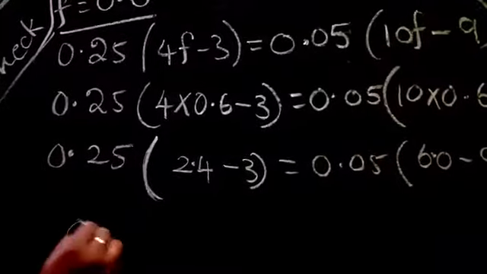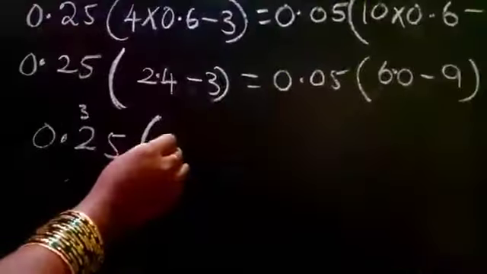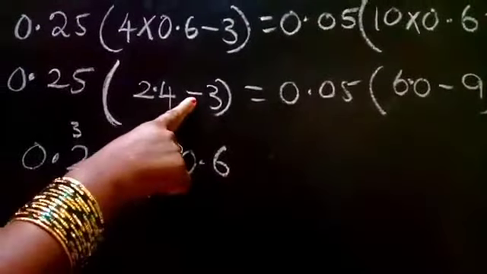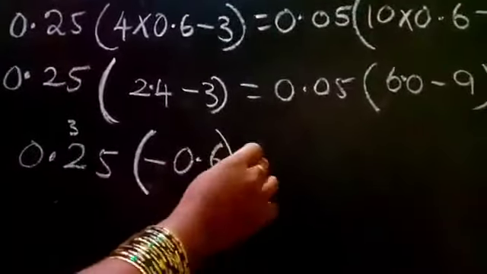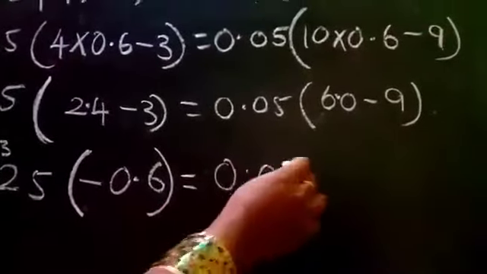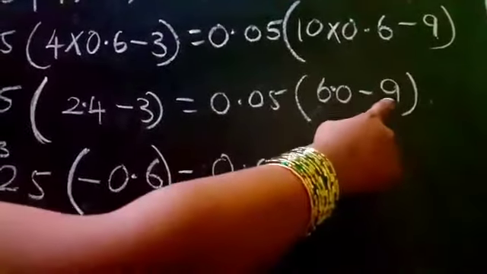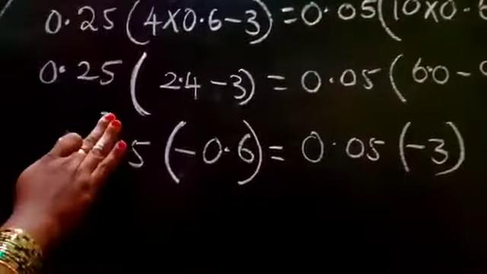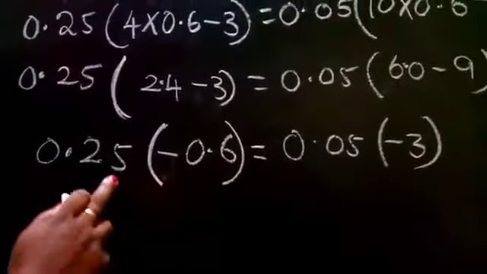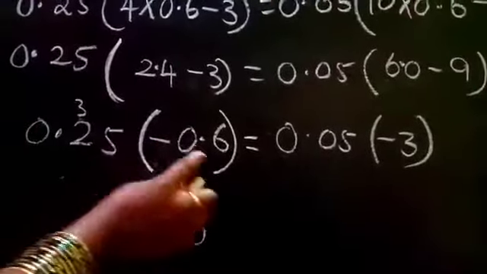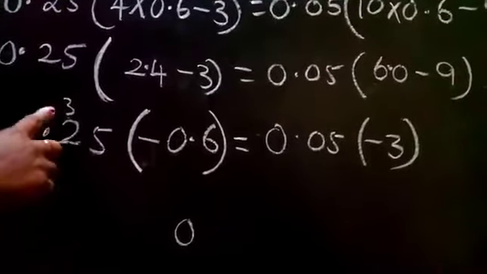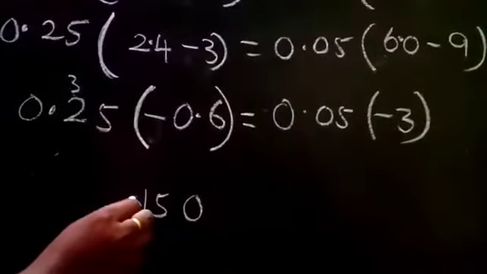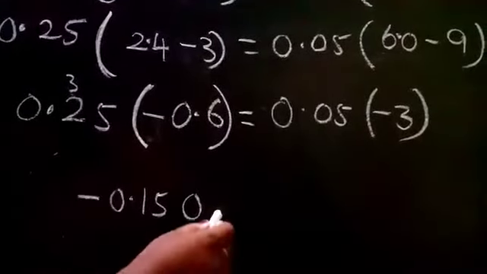Here 0.25 into 0.6 will be minus, because the greater number has the minus sign in this place, equal to 0.05 into minus 9 plus 6 is minus 3. Now 3 5s are 15.